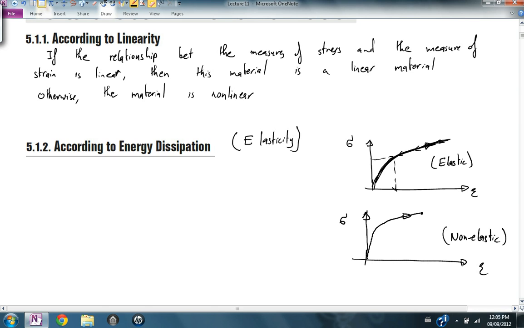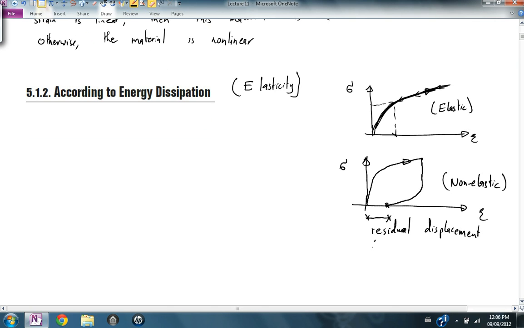When you start unloading, the force drops really fast, and then the strain starts dropping fast at a very small force, and you might even have a displacement, what we call residual displacement, or plastic deformation.